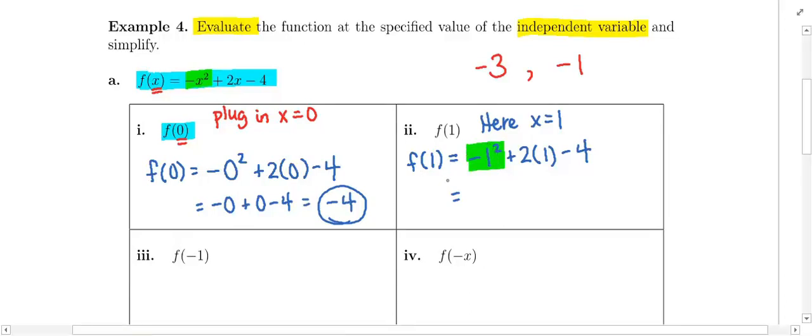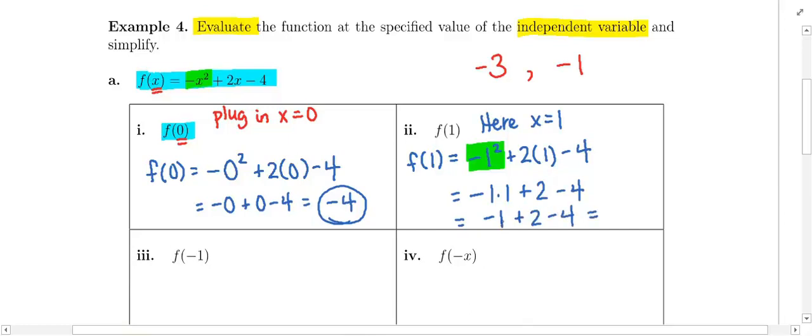So what this means is you leave the negative sign out front and then you do 1 squared, so that's 1 times 1, plus, and then I'll move on to the next term. 2 times 1 is 2, and then subtract the 4. Order of operations: you do addition and subtraction together from left to right. So negative 1 times 1 is negative 1, plus 2, minus 4.